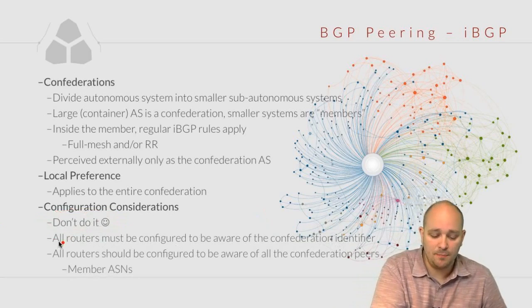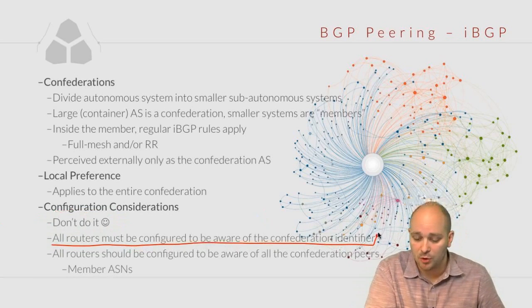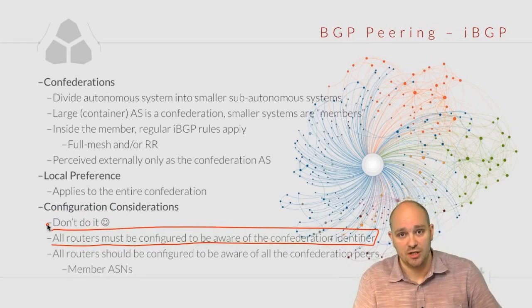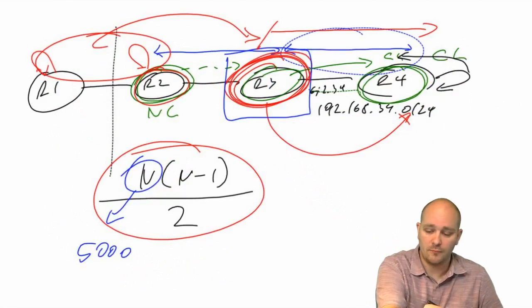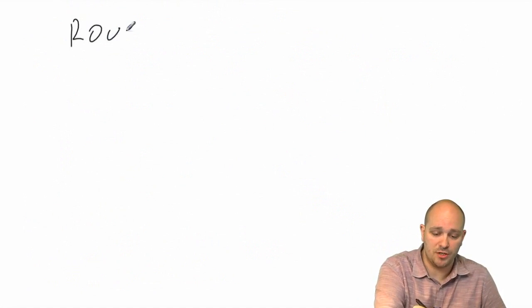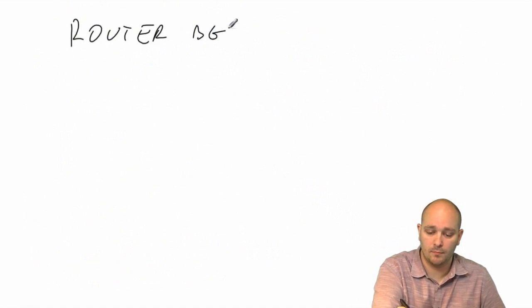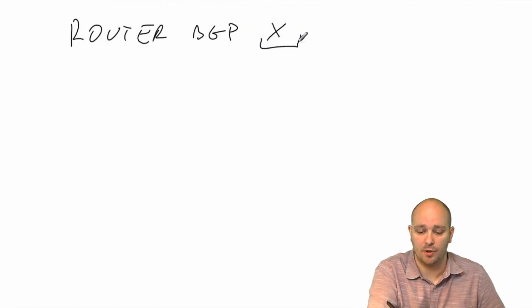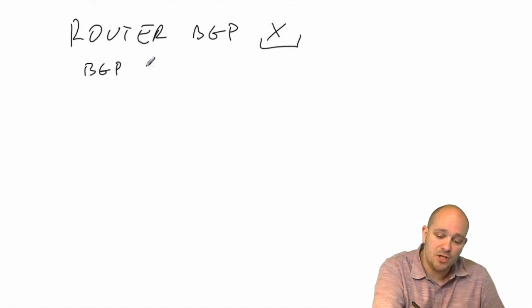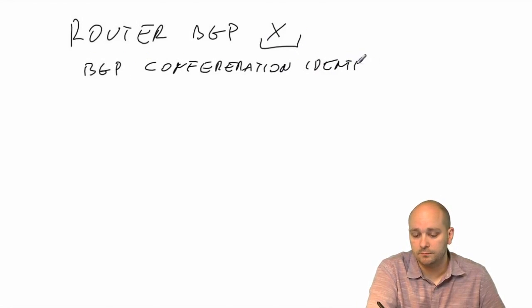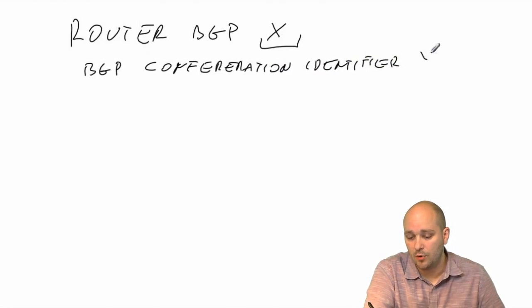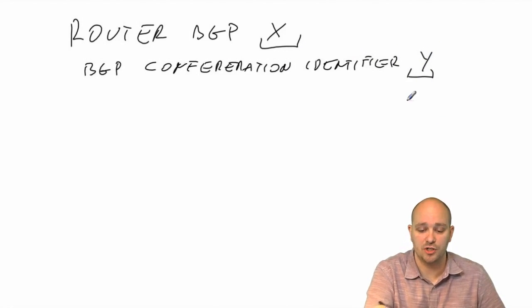If you have to configure the confederations, keep in mind that all routers must be configured to be aware of the confederation identifier. What I mean by that is when you are configuring your BGP, you say router bgp, and then you specify the AS number here. And then here we are going to say bgp confederation identifier, and we are going to specify what is our confederation.